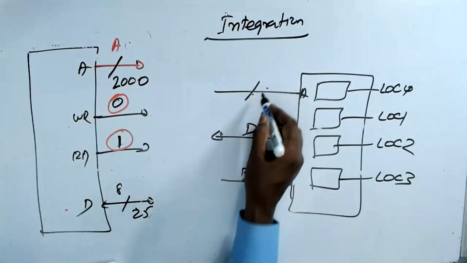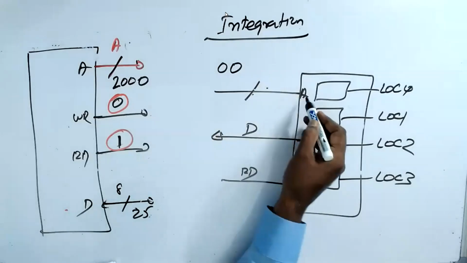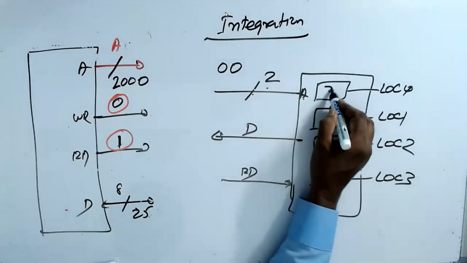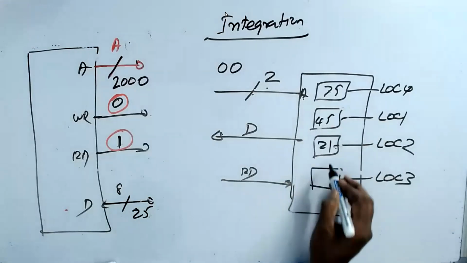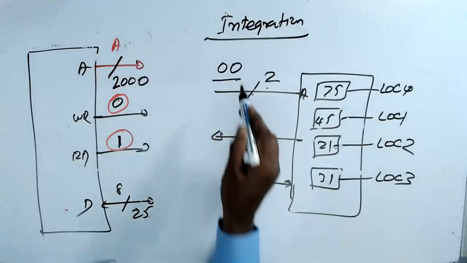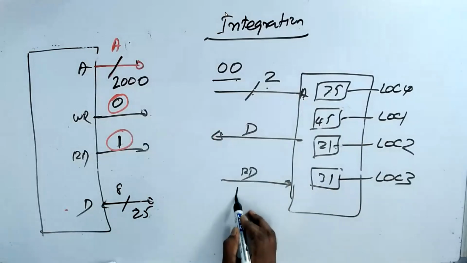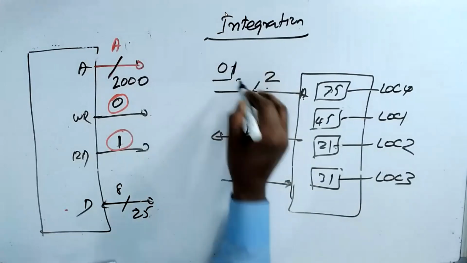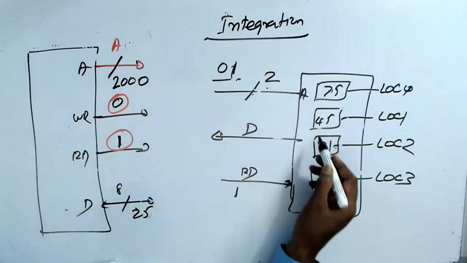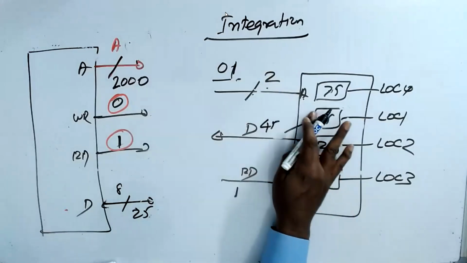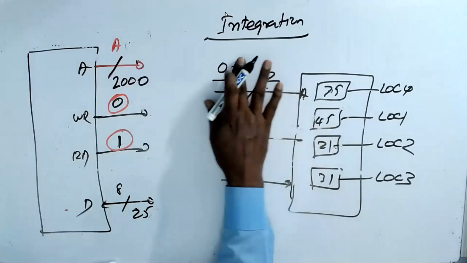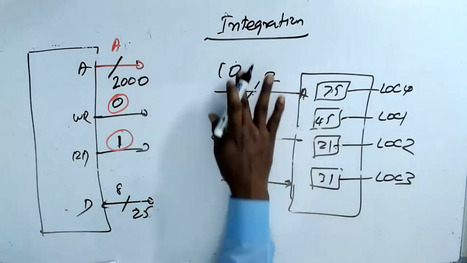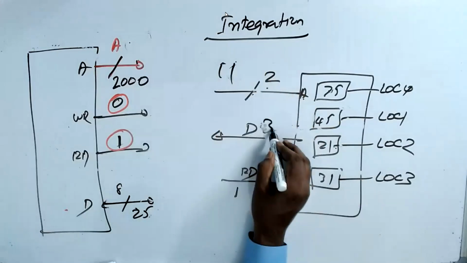With 4 locations storing 75, 45, 21, 31: if you give 0,0 and read 1, 75 will come out. If you give 0,1, I get 45. If you give 1,0, I get 21. If you give 1,1, I get 31.